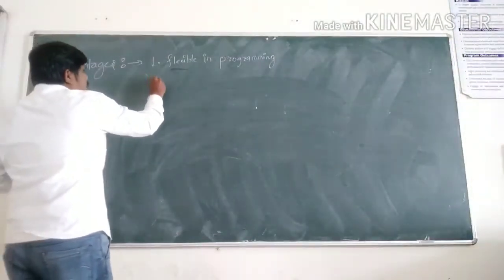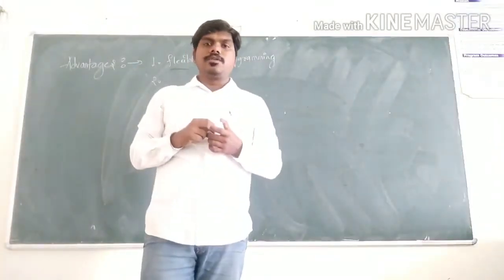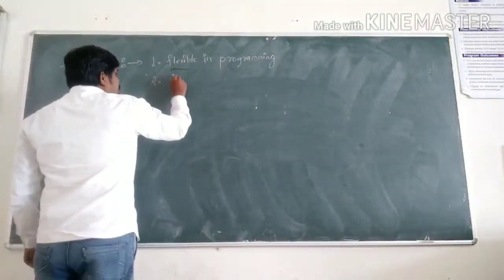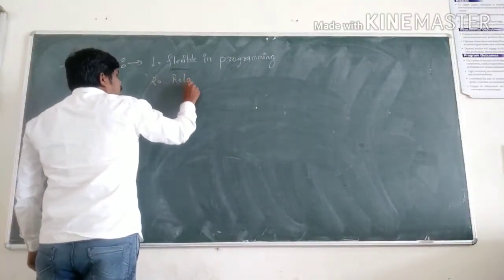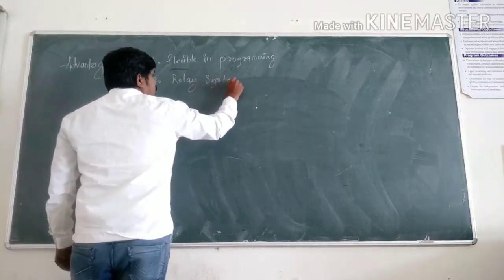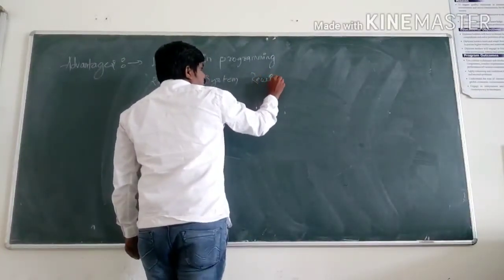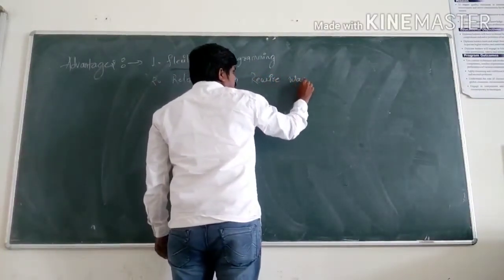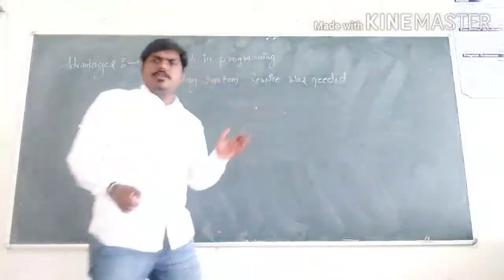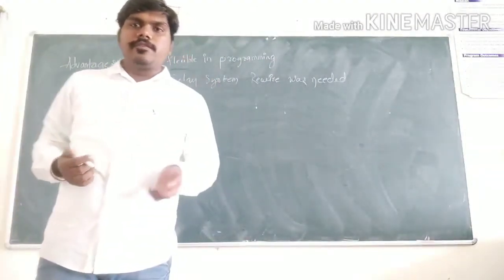In relay logic, the old technology, we needed to rewire. In the previous system, we used to rewire the system for any kind of process change.